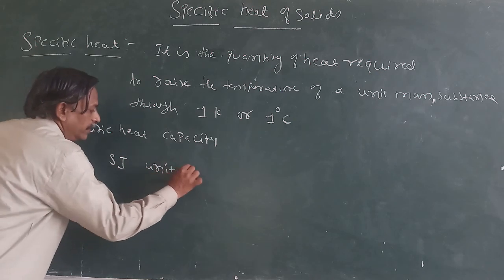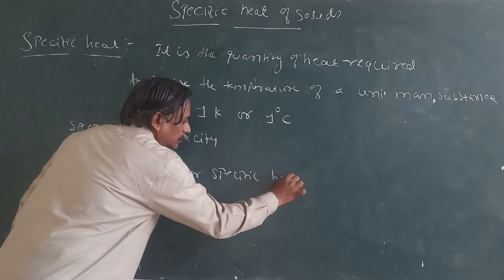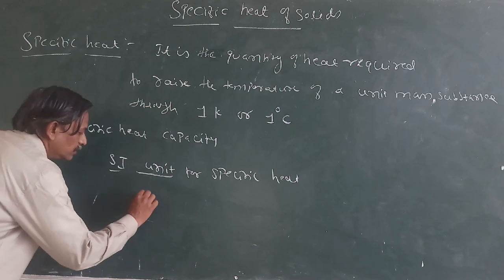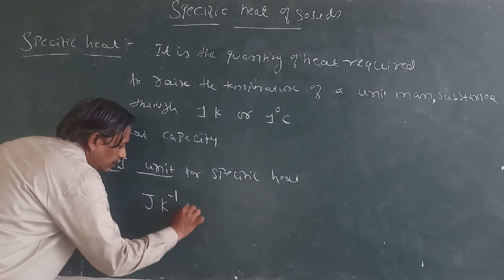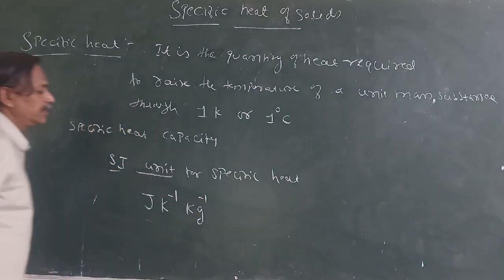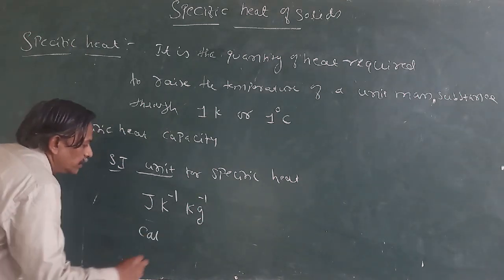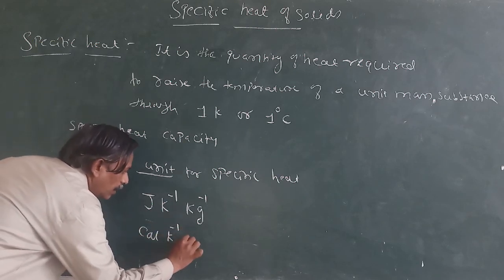The SI unit for specific heat is, can anyone tell? That is joules per Kelvin per kg. It can also be written as calories per Kelvin per kg.